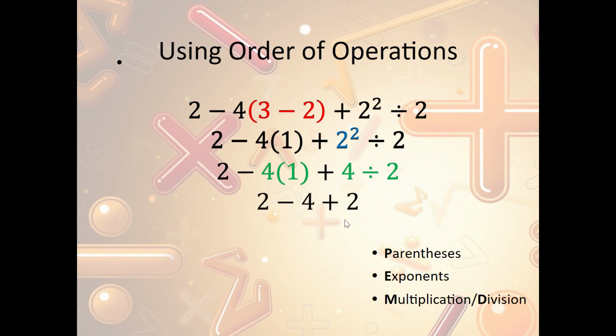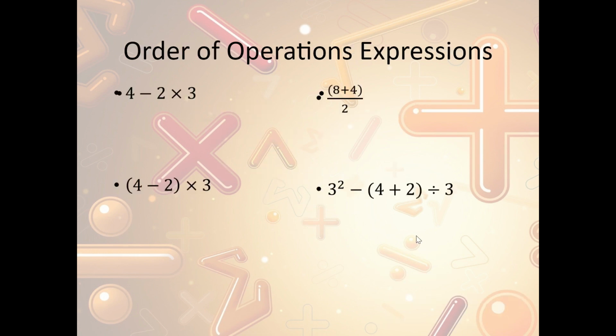Now we can see we don't have any more multiplication or division. So now we're going to do addition and subtraction. So we have 2 minus 4 is negative 2, plus 2 is 0. And therefore we've done our order of operations, and we can see that our answer should be 0 using order of operations. Let's look at a couple examples.